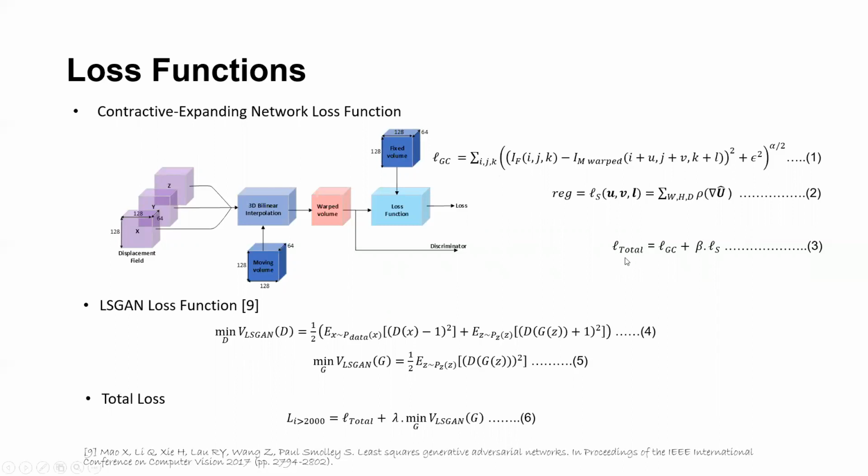And then we add up the two losses in equation 3. To train the network in a GAN setup, we use equation 4 to train the discriminator and equation number 5 to train the generator. In this case, the total loss function that we use for the generator consists of 2 parts, which is the summation of equation 3 plus a scaled version of equation 5, as shown in equation 6.